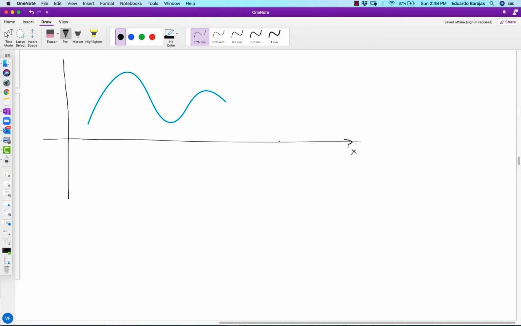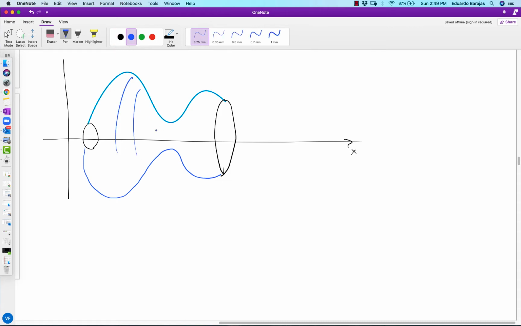We want to rotate this about the x-axis, so maybe this goes something like this. Well, I'm not a great artist, but you get the idea. It's going to be this three-dimensional shape that gets rotated like this, and we're interested in the surface area of this shape.